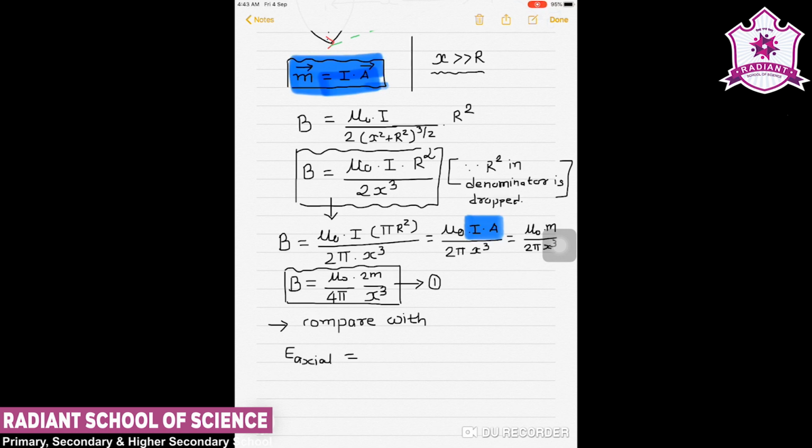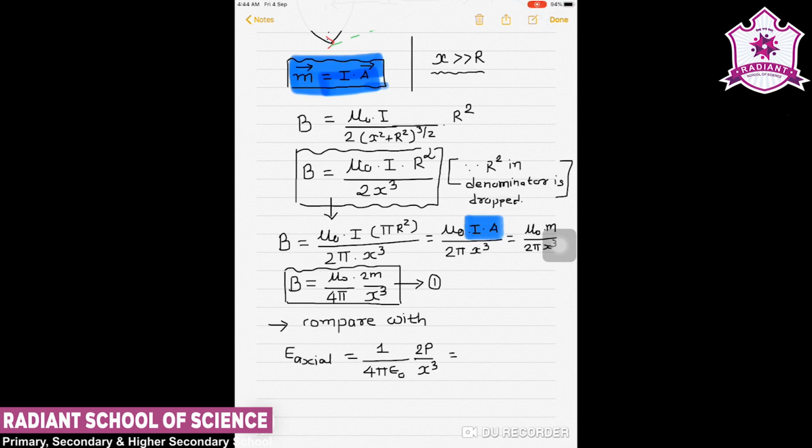We can say that E axial was 1 upon 4 pi epsilon naught, that was k, then 2p upon x cube.